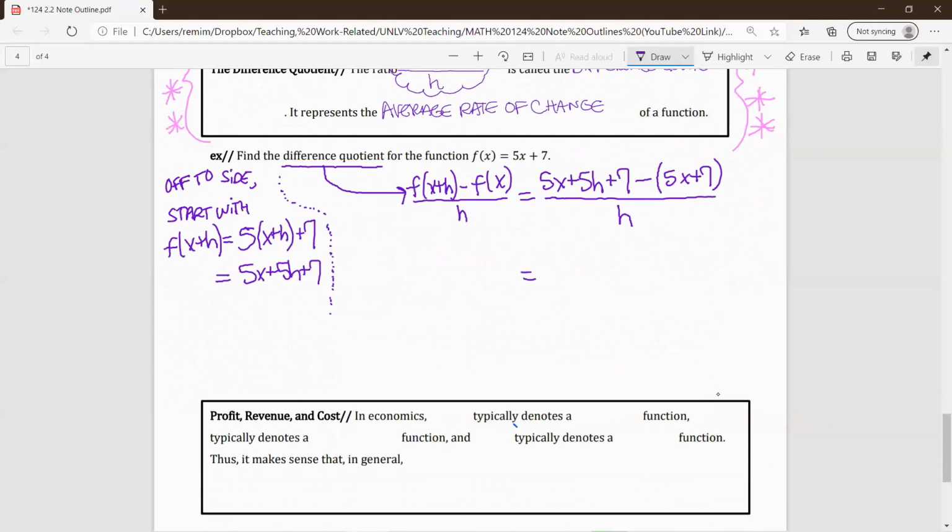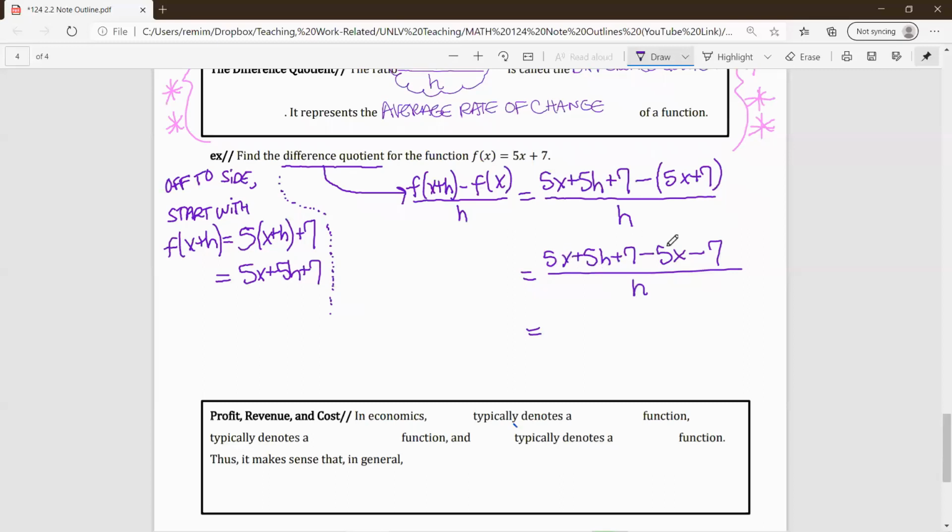So equals, the first thing I'm going to do to simplify is distribute that minus across the parentheses. So 5x plus 5h plus 7 minus, distribute the minus to the 5x, and also distribute the minus to the 7. Don't forget that. All over h equals, and now we're simplifying even more.